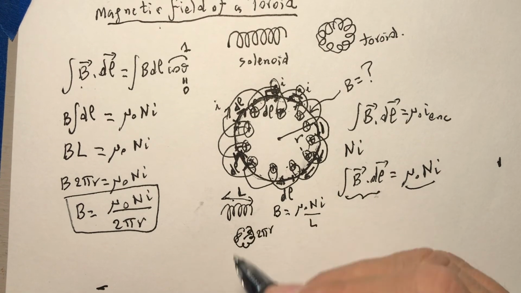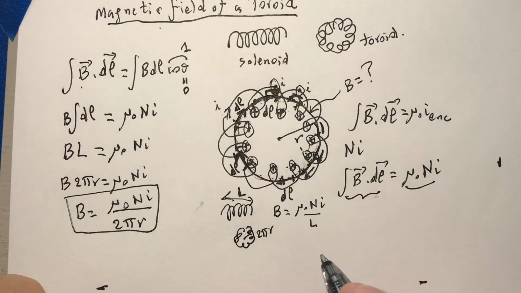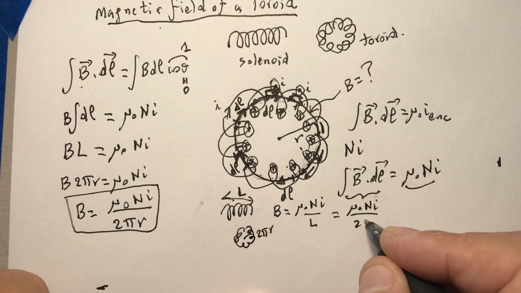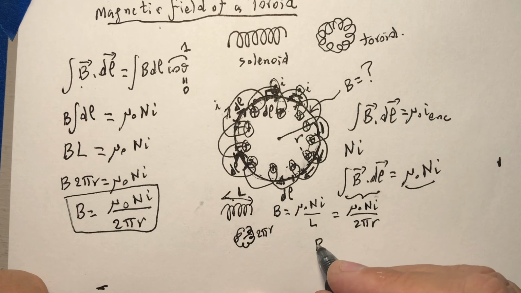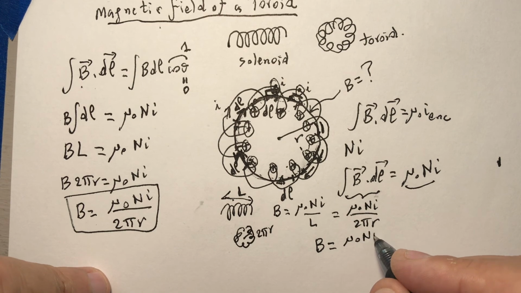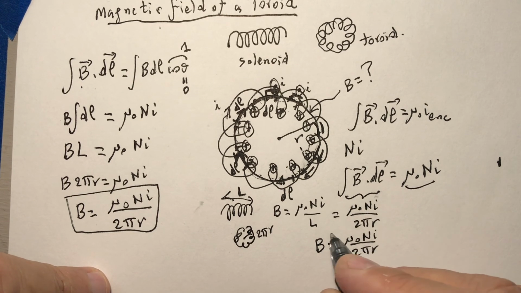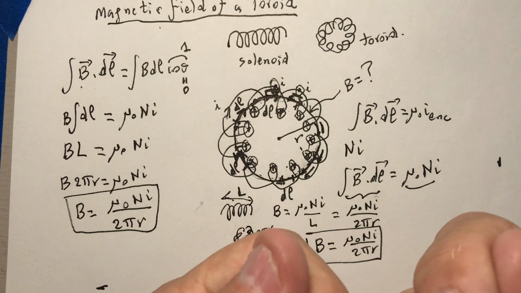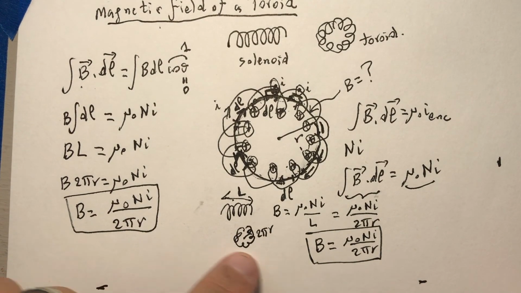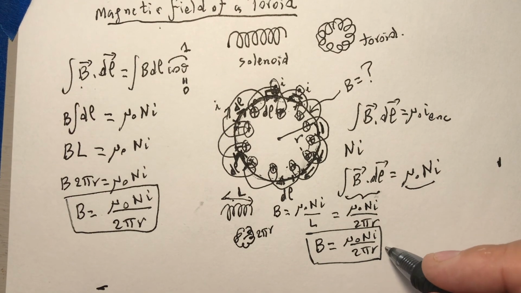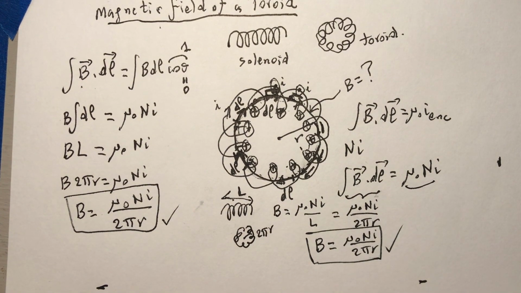So 2 pi r is L. So you don't have to do all these calculations. You can just put mu0 Ni over 2 pi r, and you get the same answer as on the left here. So just get the B field of the solenoid, bend it into a toroid, and then instead of L, use 2 pi r because the circumference is just 2 pi r. And you get the same answer here and there. Okay?